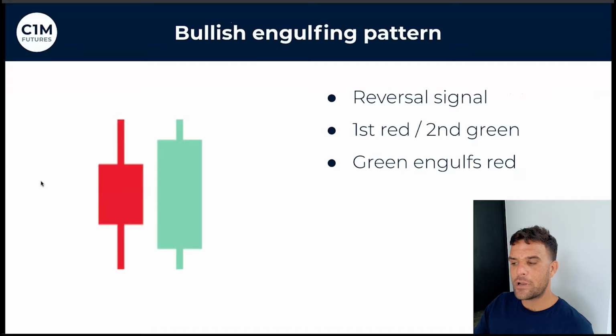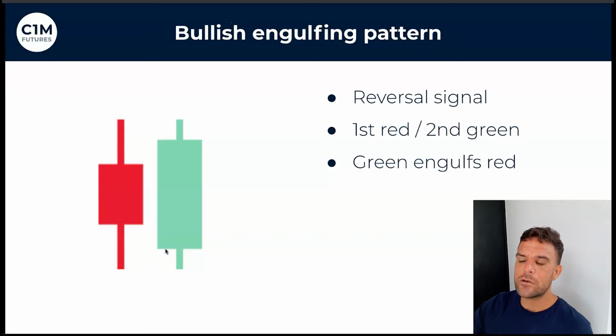Then we move into a bullish engulfing, where the first candle is red, so the opening price is here, the closing price is here. For the next candle, the opening price is here, so it started lower than the previous closing price, which is obviously a bit of a signal that this price is still coming down.